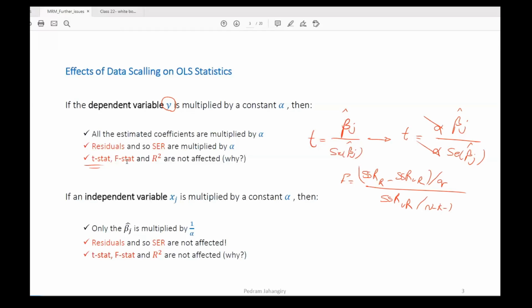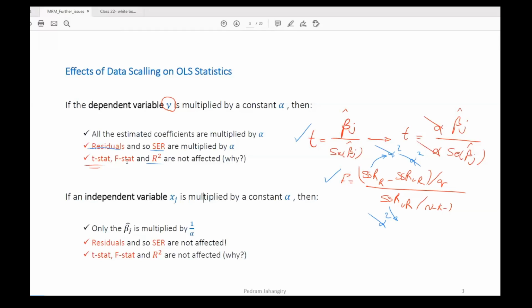Remember, the SSRs are going to be multiplied by alpha squared, right? Because these are the sum of squares of residuals. So this is going to be multiplied by alpha squared, and alpha squared. So these alpha squares will cancel out each other. I can factor out the alpha squared from the numerator and cancel it with the alpha squared from the denominator.